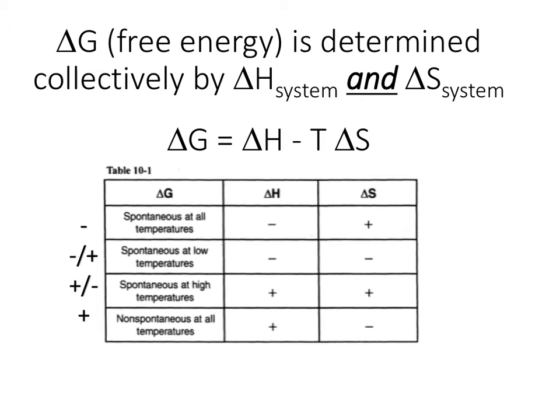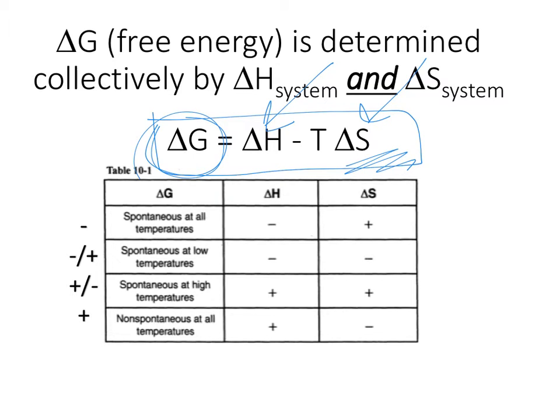All right, so just to remind you, the formula for free energy is right here. And we always, always, always have to look at both enthalpy, which is thermal energy, and entropy, which is the dispersion of energy. We have to look at both terms before we can make a prediction whether or not a process will be spontaneous, that is, have a negative free energy value.